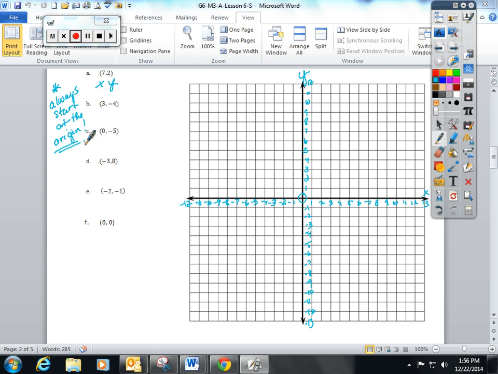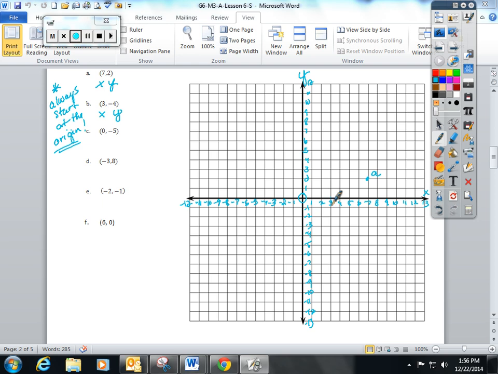So the first one, starting at the origin, I have to go over to +7 on the X-axis and up +2 on the Y. This is point A. Point B, X, and then up the Y, or down the Y in this case, because if I start at the origin, I have to go over to 3 on the X-axis.